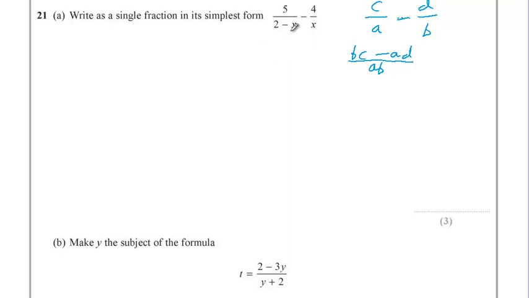So let's do that for this here. On the denominator, it's going to be x, 2 minus x, and on the top we've got 5 times x, and it's going to be minus 4 times 2 minus x.